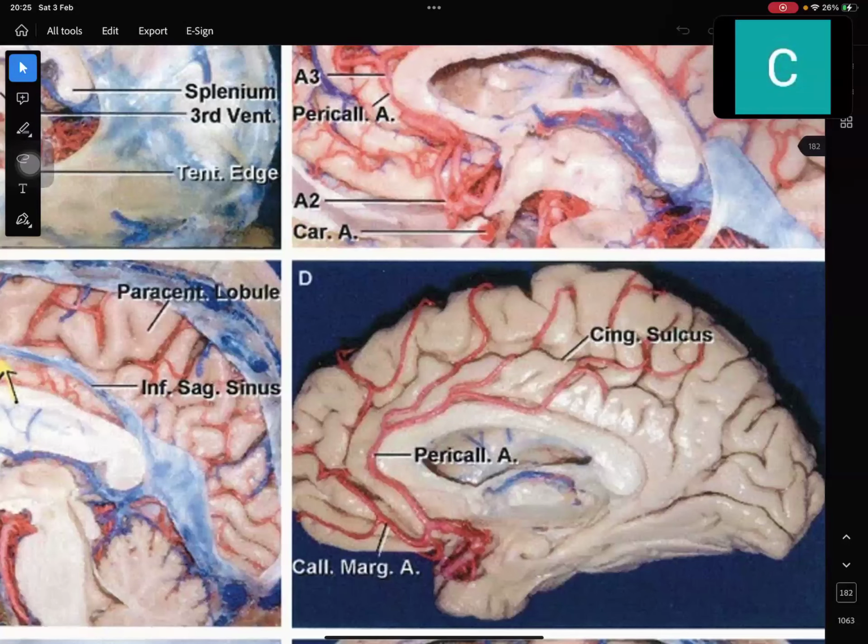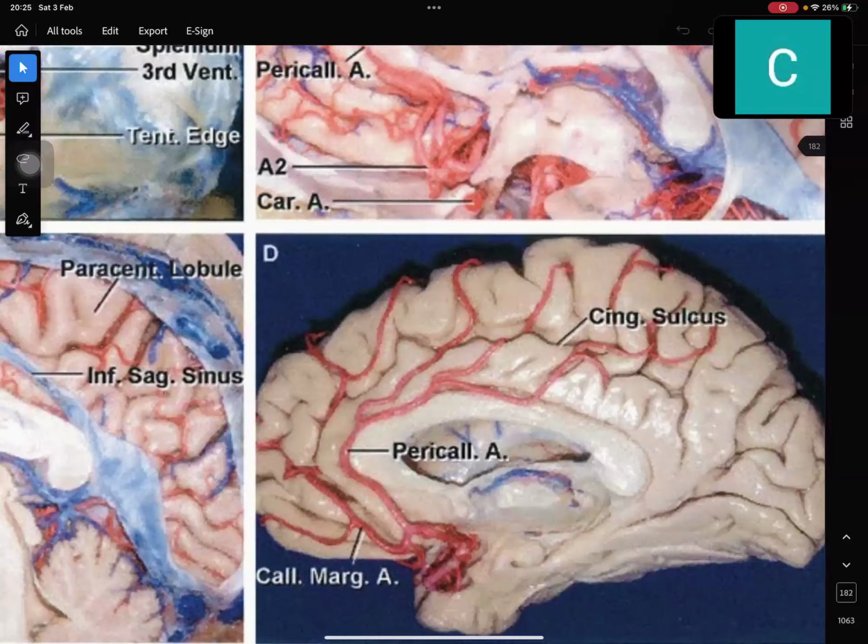So at this branch, it will curve, and you will give the callosomarginal artery, at the bifurcation of the callosomarginal artery with the pericallosal artery. This is the pericallosal artery, this is the callosomarginal artery.